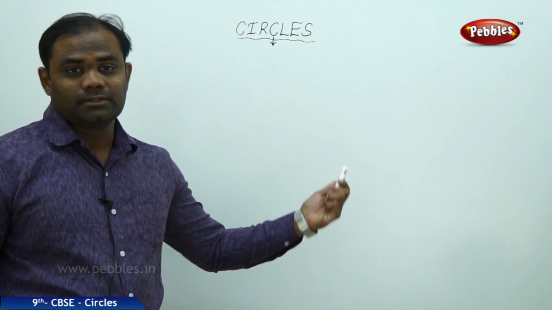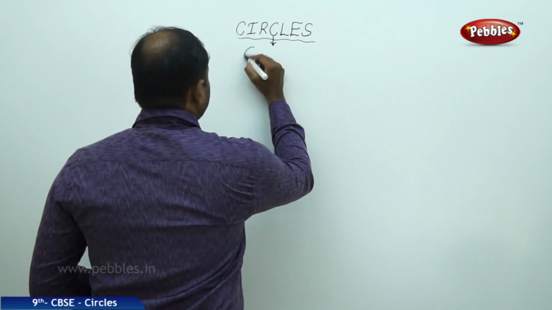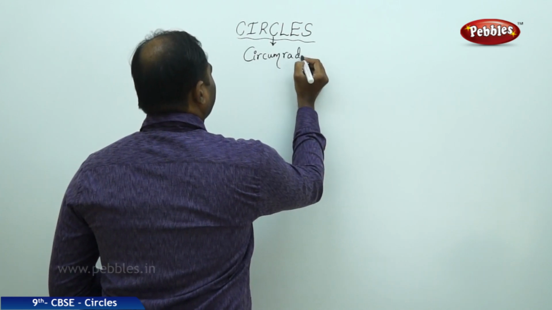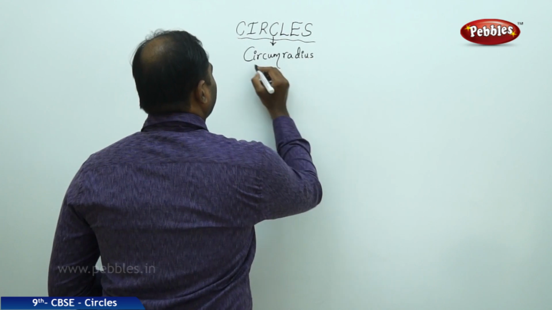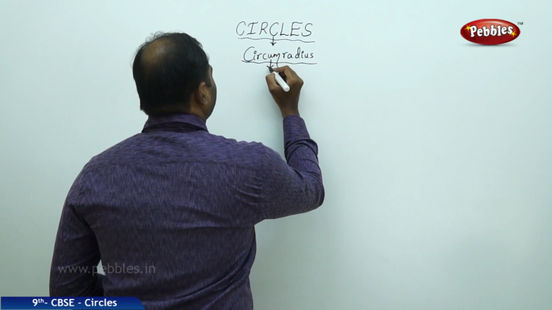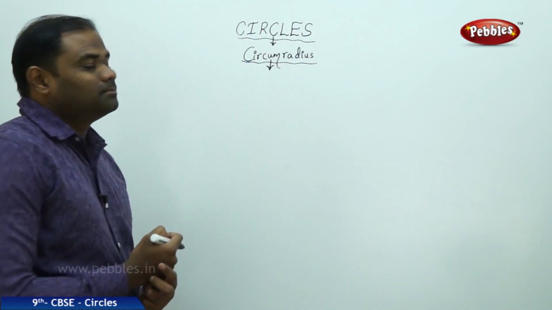Now that we have defined circumcenter, now comes the understanding of circumradius for a circumcircle. This session is about circumradius for a given circumcircle. Let's discuss circumradius.